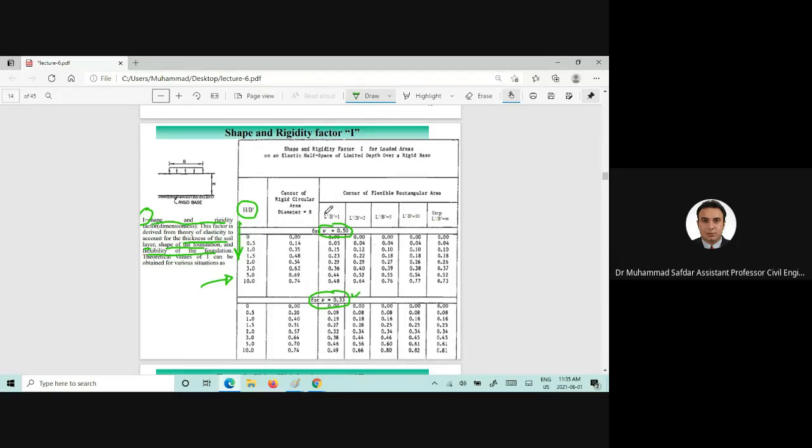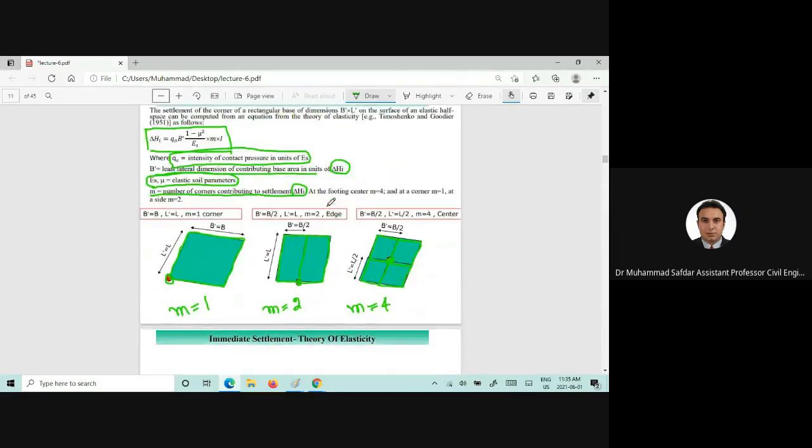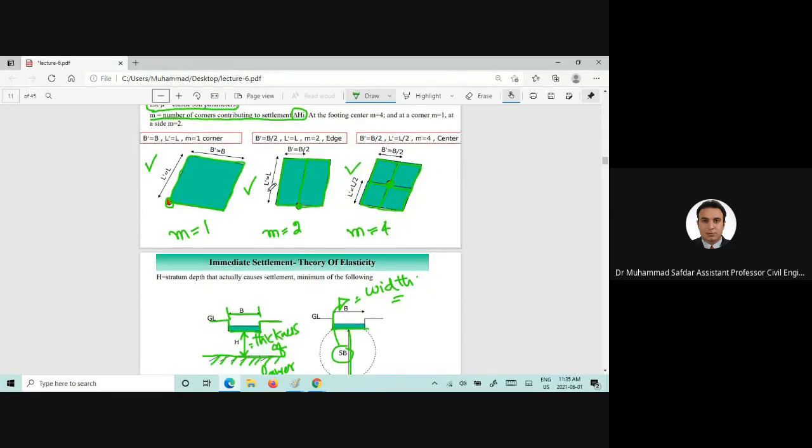Now there is another ratio which you need to find out, which is L prime divided by B prime, and L prime and B prime are explained here, that based upon the location of the settlement calculation, you can use L prime and B prime accordingly.